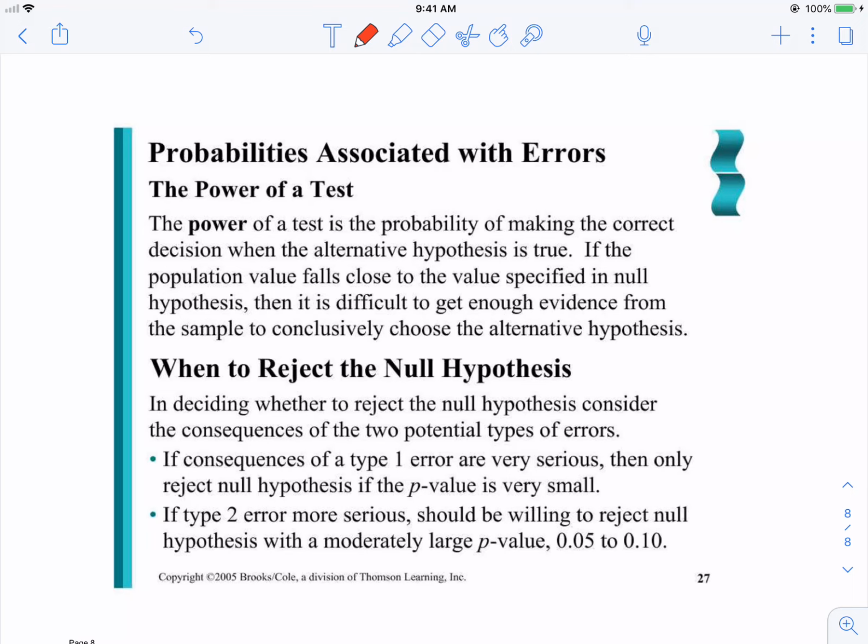Basically, this is saying that if you're looking at that level of significance of 0.05, and your p-value is 0.049, where you're very close to that 0.05 and just barely under it, that would have weak power because it's pretty close to that maximum value to reject the null hypothesis.